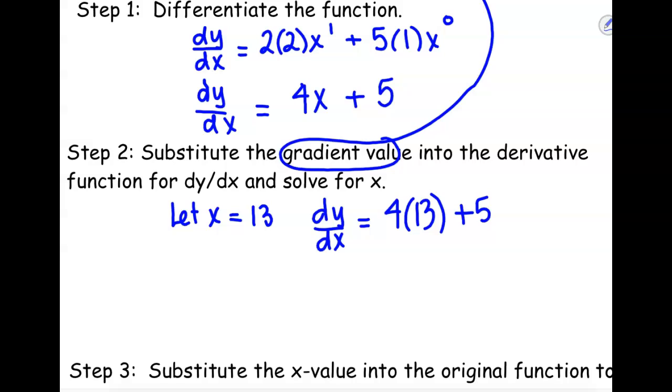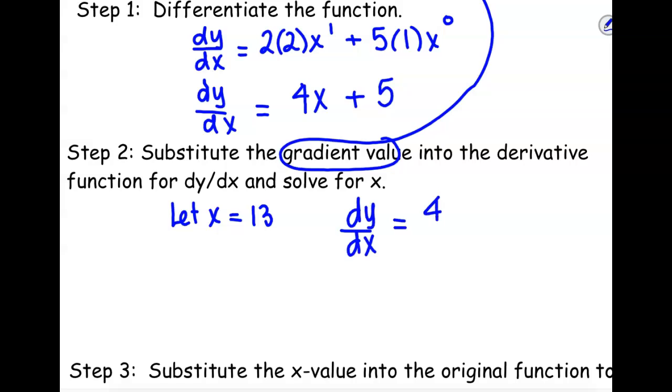Sorry, mistake, it's for the dy dx. So I'm going to rewrite this as dy dx equals 4x plus 5. We're going to substitute this 13 into the dy dx and then solve it for x.